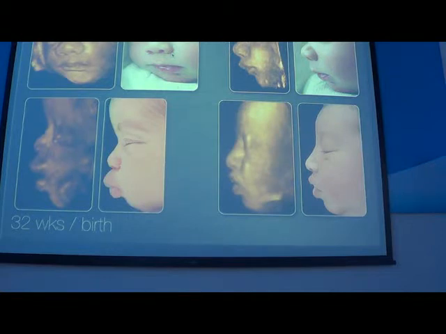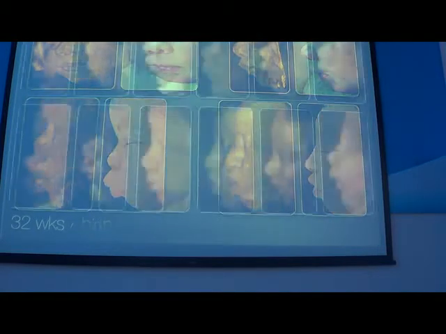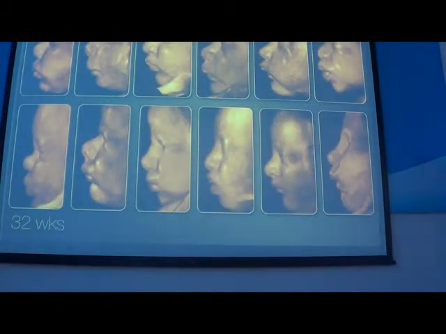And especially when it's possible to do this profile view at 32 weeks, you can see that all the babies are different.